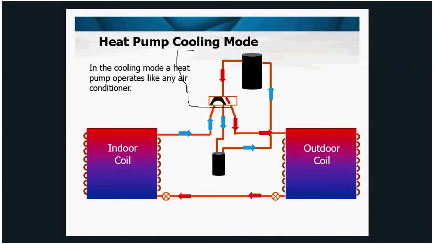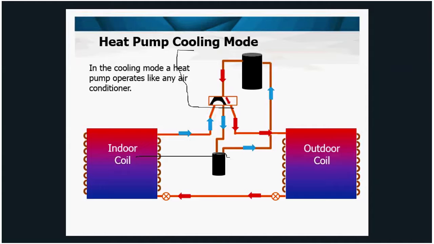It condenses it, and then it subcools it before it leaves the outdoor coil. When it leaves the outdoor coil, it's a high pressure liquid. It will bypass the outdoor metering device, travel to the indoor metering device, at which point the pressure's dropped, and it enters the coil as a low pressure, mostly liquid.